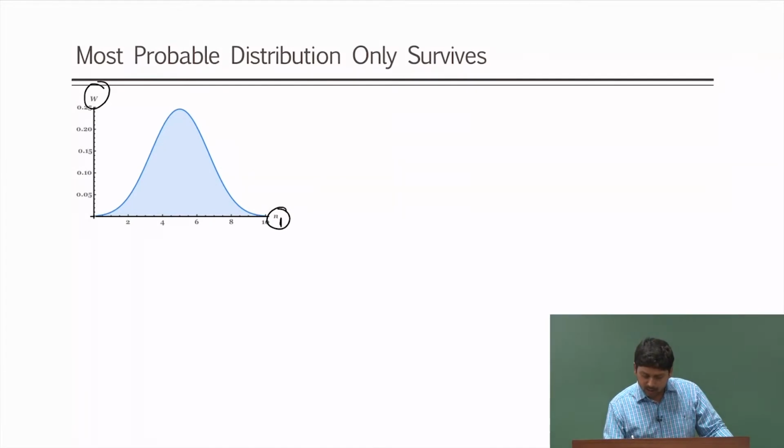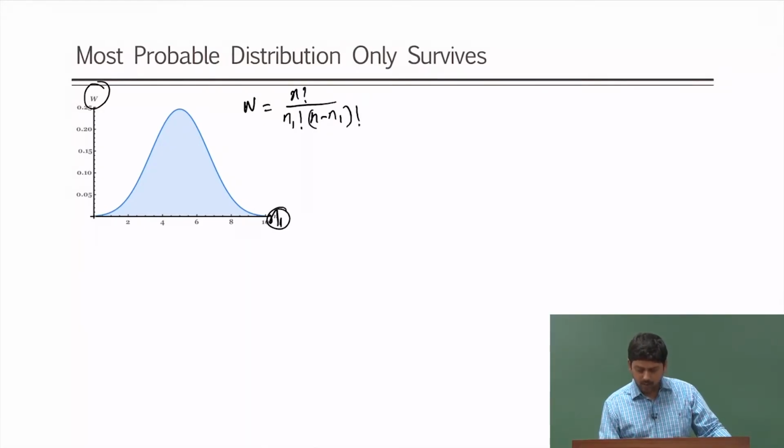We are plotting this function where W is n factorial by N1 factorial and n minus N1 factorial.